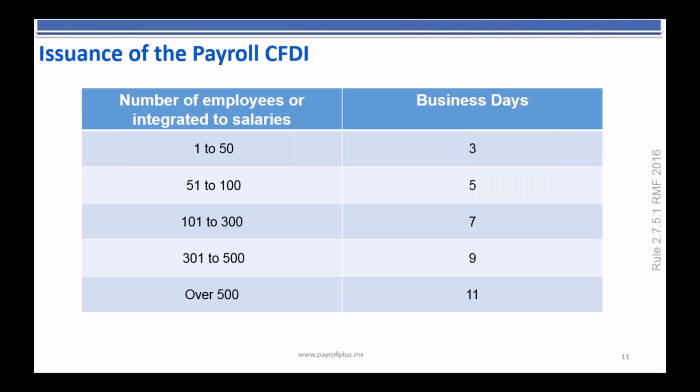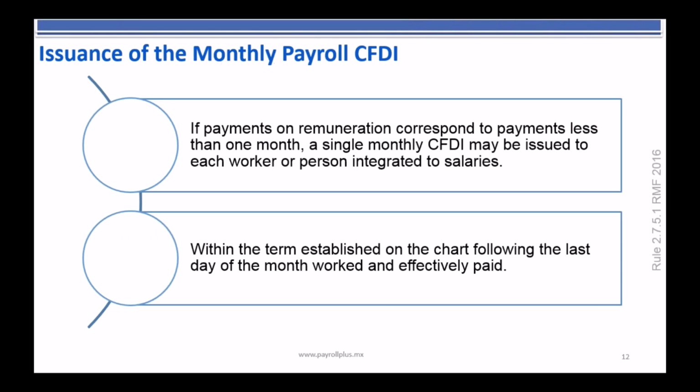Any regulations that if the payments for payroll are in a frequency less than 1 month, a single monthly CFDI may be issued to each worker. So that is, if you have weekly payments, you usually will have 4 payments within a month.